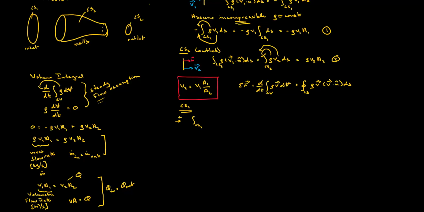So we're looking at just the flux terms over here. So we have rho v dotted with n ds. And so this will be equal to the density multiplied by v1. And then this will be multiplied by negative v1, right? As we saw in conservation of mass.